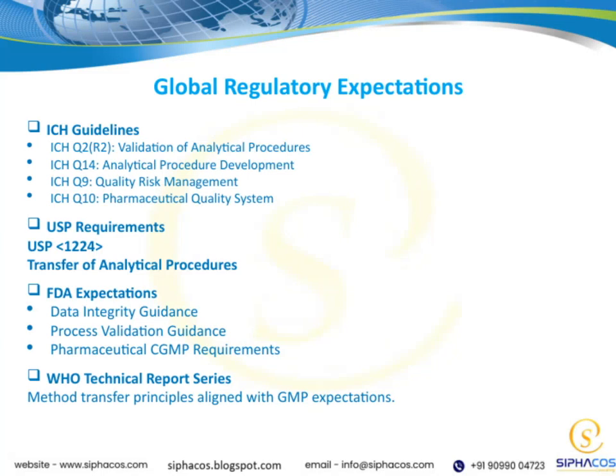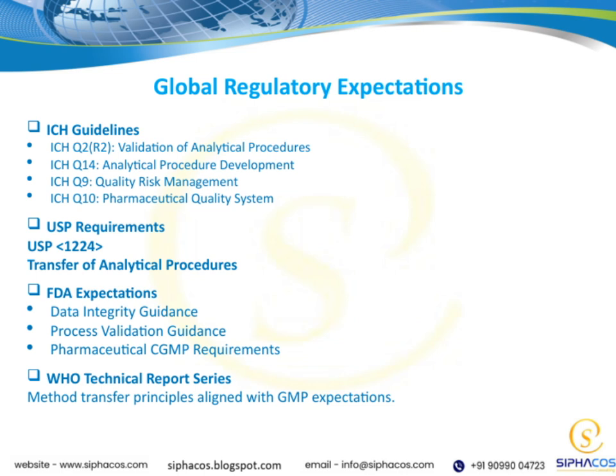When we talk about global regulatory expectations, we're looking at a framework that guides how pharmaceutical quality is maintained worldwide. The ICH guidelines set the stage with key documents on validating and developing analytical procedures, managing quality risks, and maintaining robust pharmaceutical quality systems.